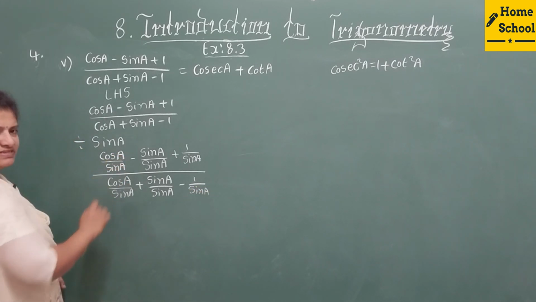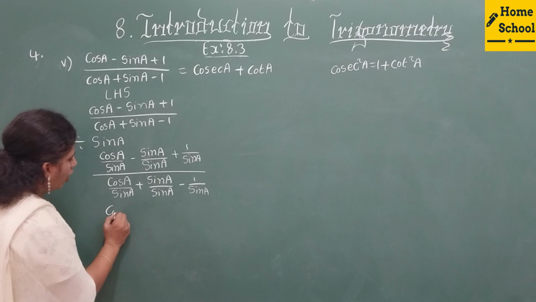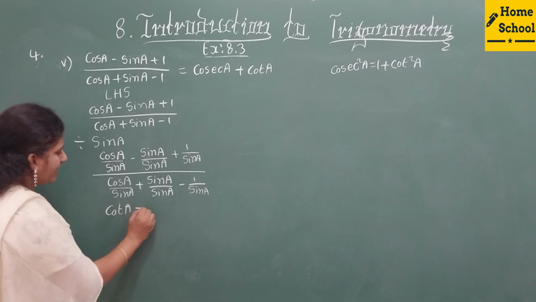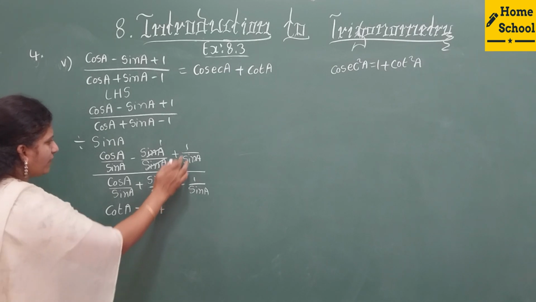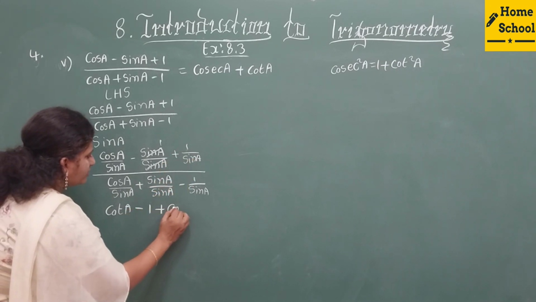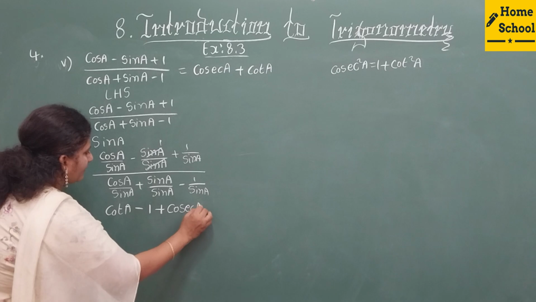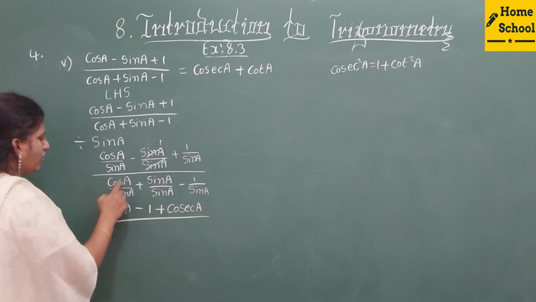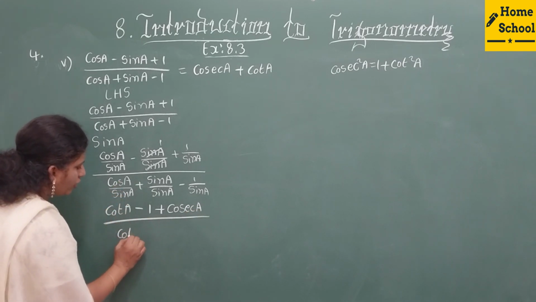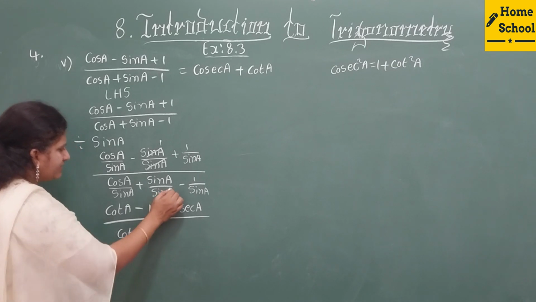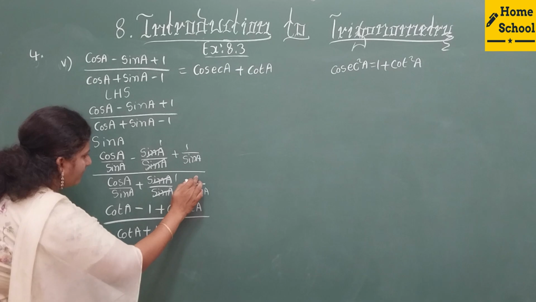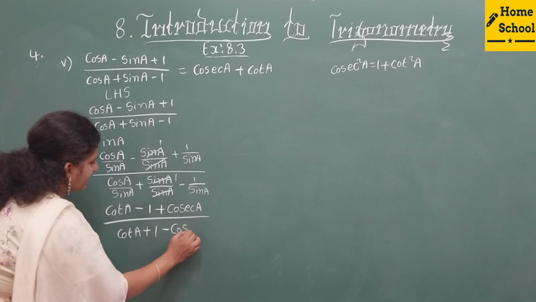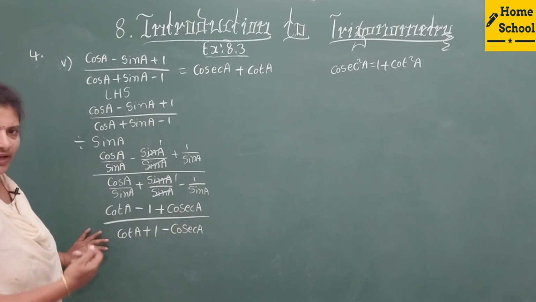Right? Cos A by sin A is nothing but cot A, minus sin A cancel, 1 will be left, plus 1 by sin A is cosecant A, divided by cos A by sin A is cot A plus sin A cancel, 1 minus 1 by sin A is cosecant A. What can I do now?